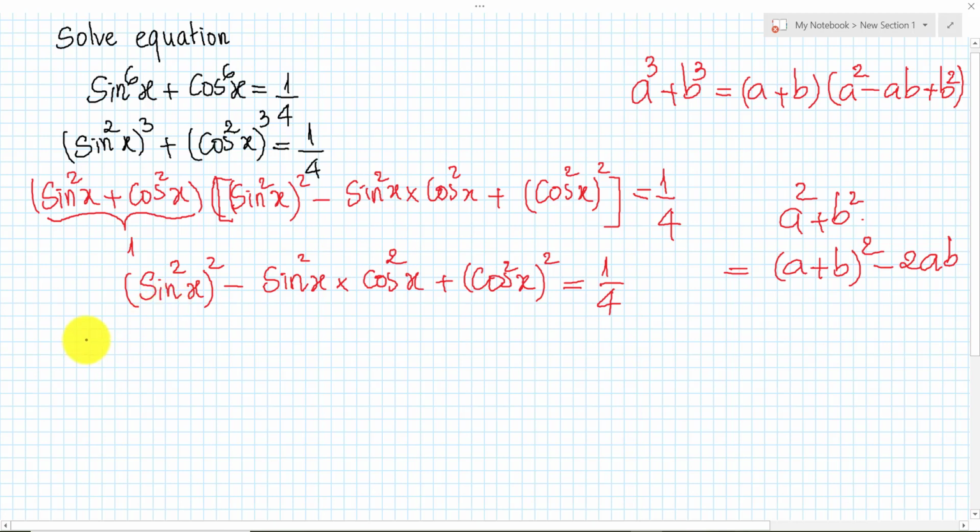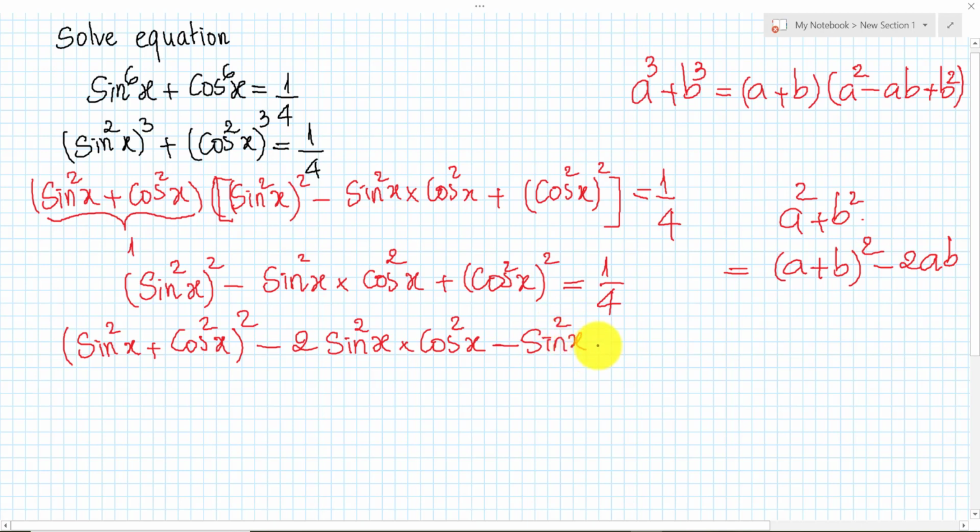So I can write (sin^2(x) + cos^2(x))^2 - 2 sin^2(x) times cos^2(x), minus sin^2(x) times cos^2(x), equal to 1/4.